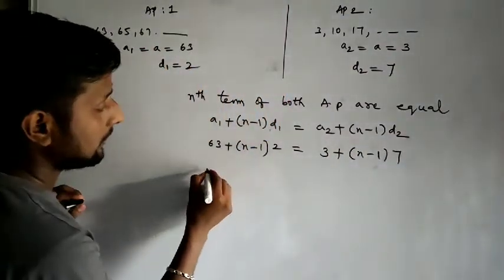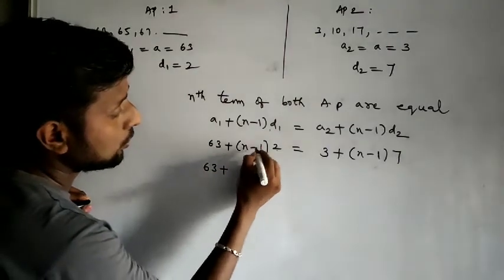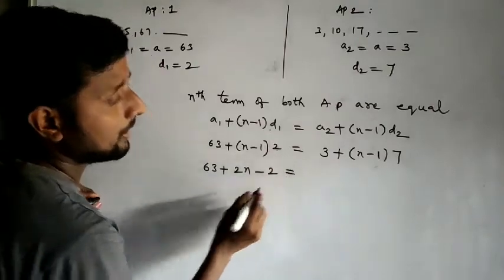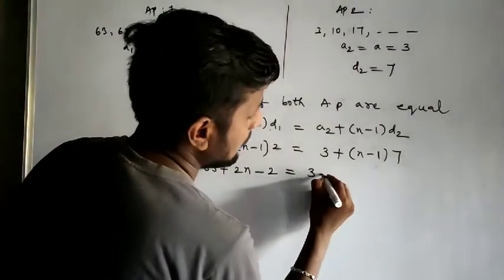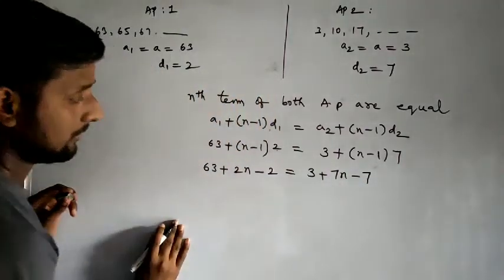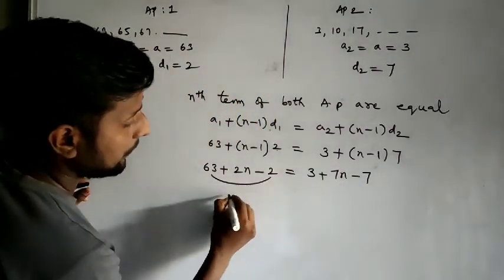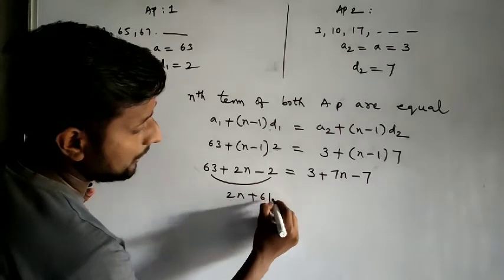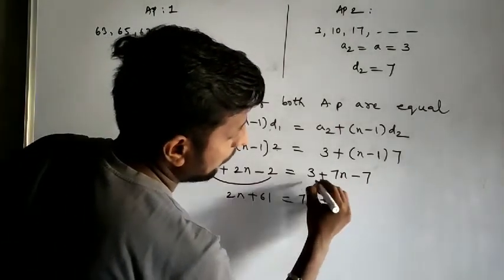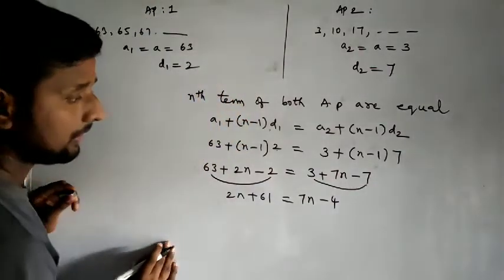Try to multiply: 63 plus 2 into n, 2n minus 2 ones are 2, yeah. 3 plus 7 into n, 7n minus 7, yes. If you simplify, 2n plus 61, next 7n minus 4, these two, correct?